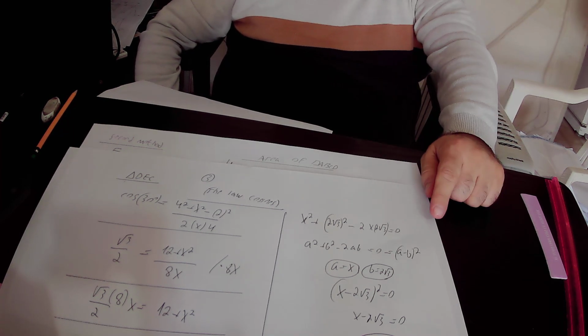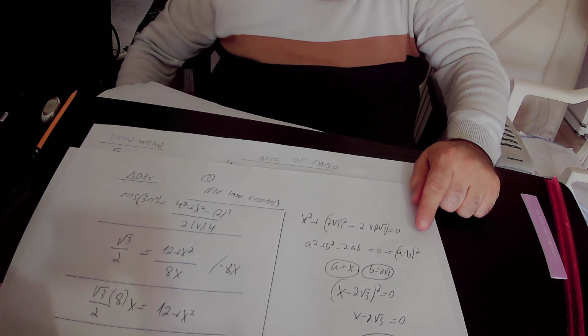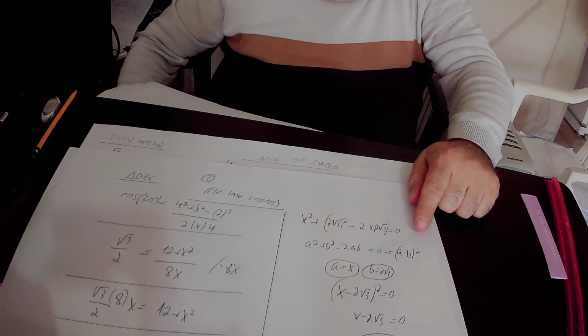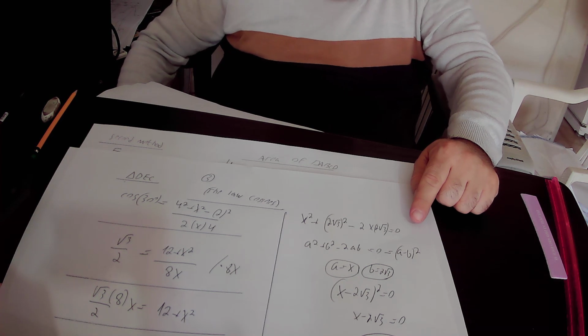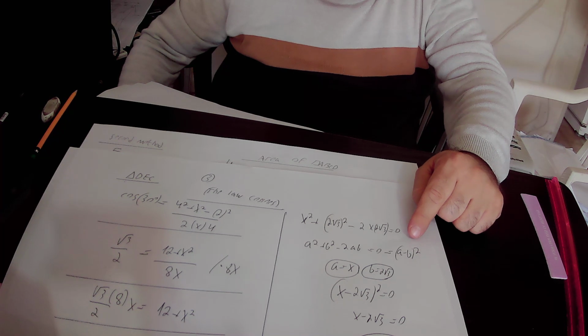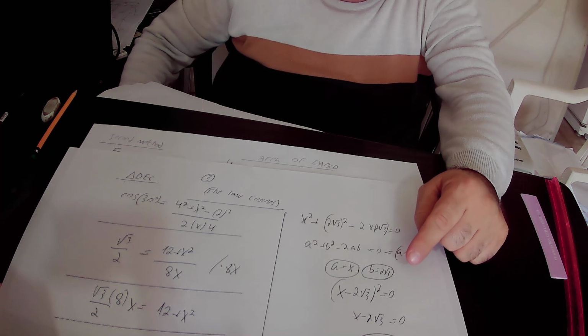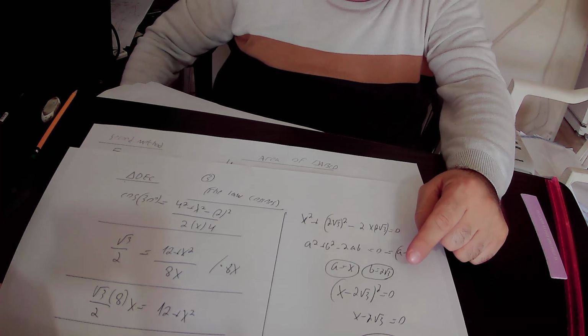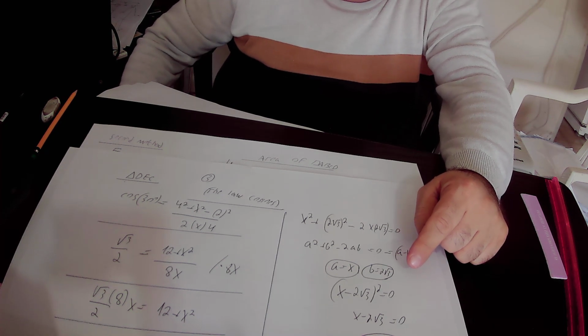And according to the algebraic identity, a squared plus b squared minus 2ab equals a minus b squared. In our specific expression, a is equal to x and b equals 2 times square root of 3, so x minus 2 times square root of 3, squared, will be equal to 0.